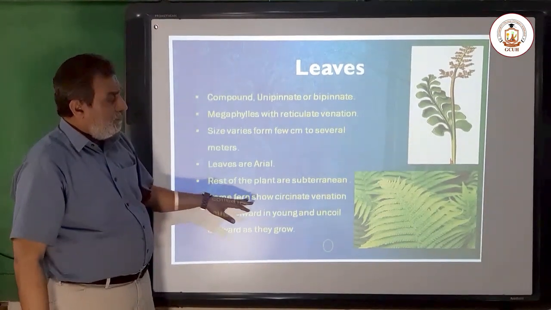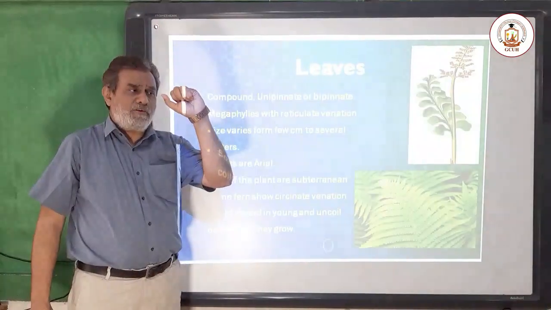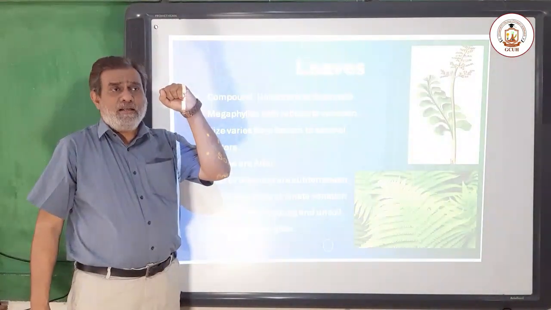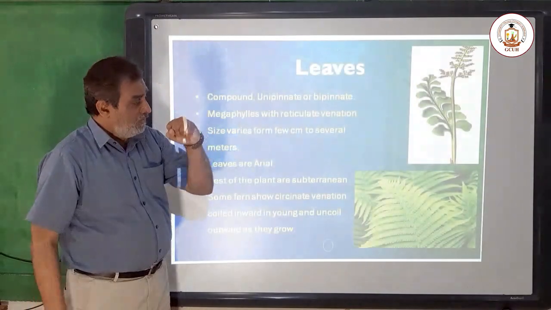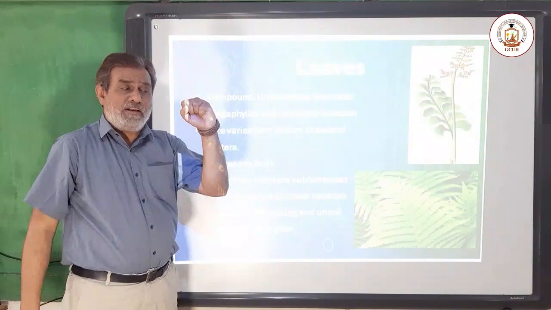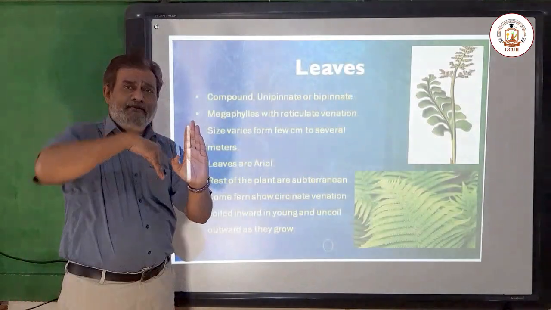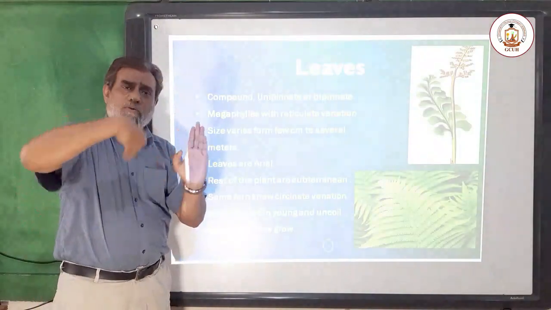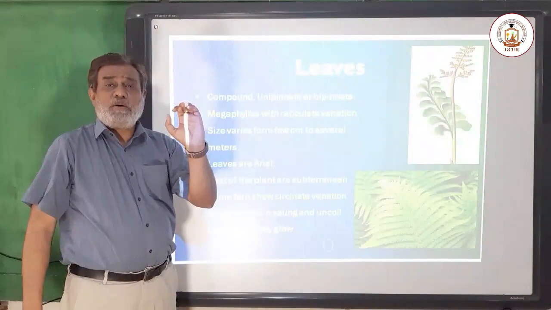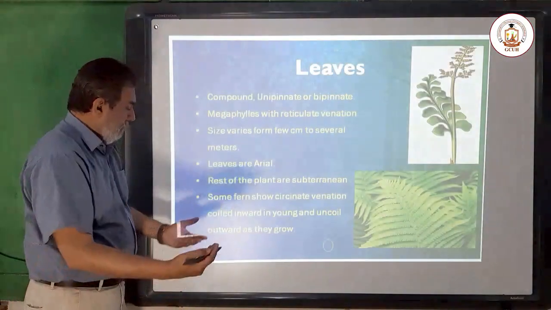Some forms show circinate venation. Circinate means they are present in the form of a circle. I will show you later what circinate venation is. Whenever it is in bud form it may form a circular structure, but whenever it opens, it uncoils.